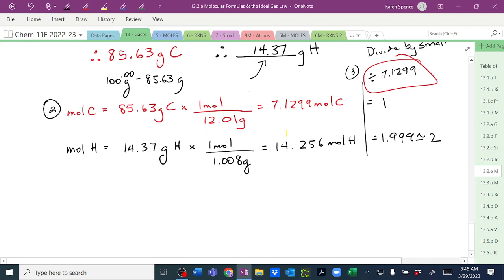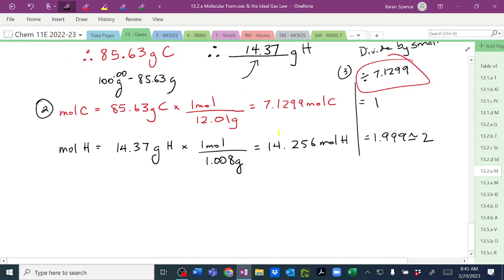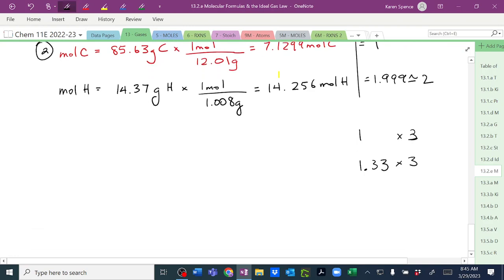So if we had, let's say instead of a 1-to-2 ratio, a 1 to 1.33 ratio, what would we multiply by? We'd multiply by 3, okay? What if we had a 1 to 1.67 ratio? What would we multiply by?